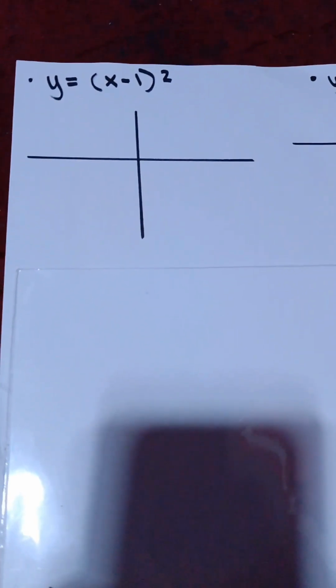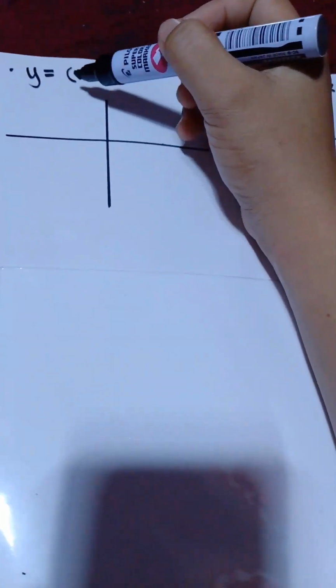So what about this example? y equals x minus 2 squared. As you can see here, the square is this part.